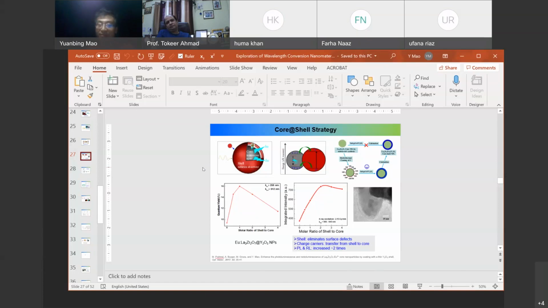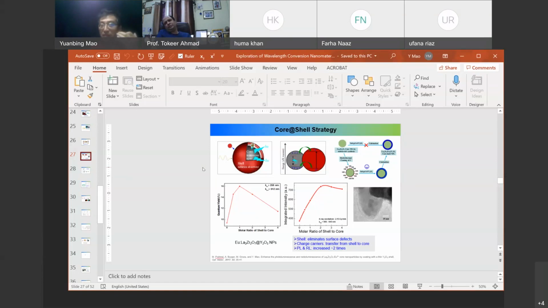Then what about photobleaching? I mean, how much photobleaching is there in these nanomaterials, and how can that be tackled? I think I talked about this two or three days ago.